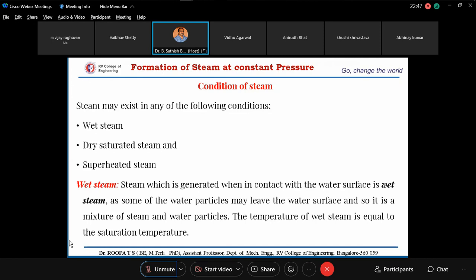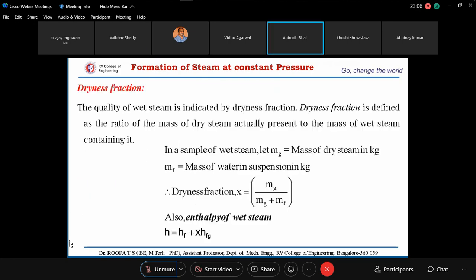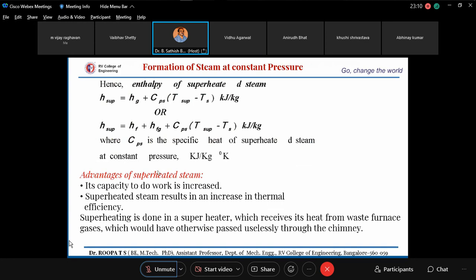Ratio of dry steam to the total mass of dry and wet steam. Very good. So if I say the steam is 78% wet, so what does it mean? 22%. The steam is 22% dry. Very good. Okay. So all these things we discussed, these equations also we have discussed.